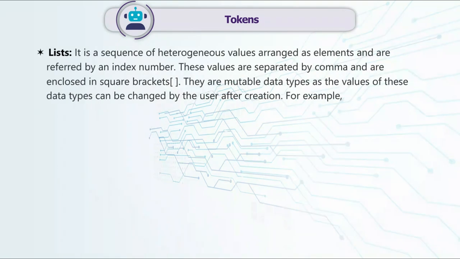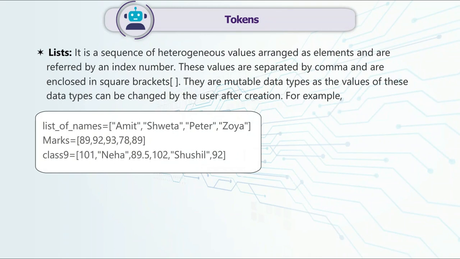For example, lists. A list is a sequence of heterogeneous values arranged as elements and referred to by an index number. These values are separated by commas and are enclosed in square brackets. They are mutable data types as the values can be changed by the user after creation.